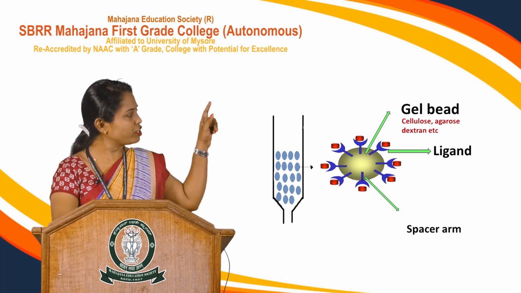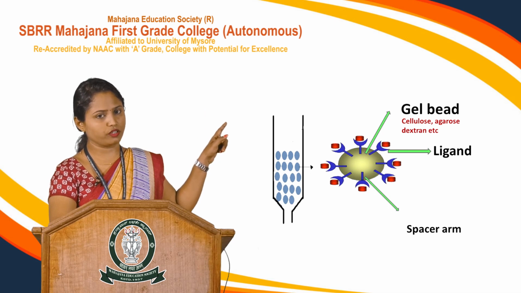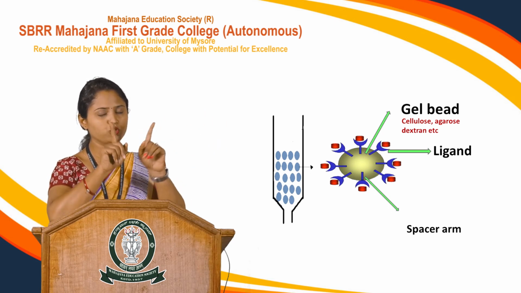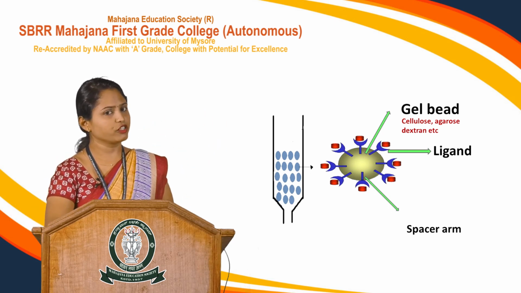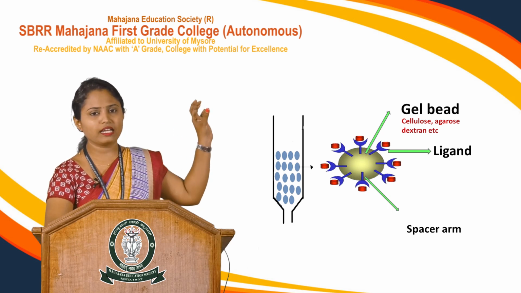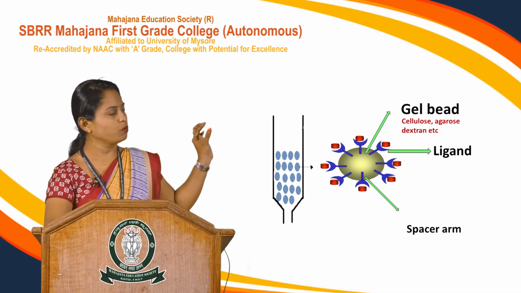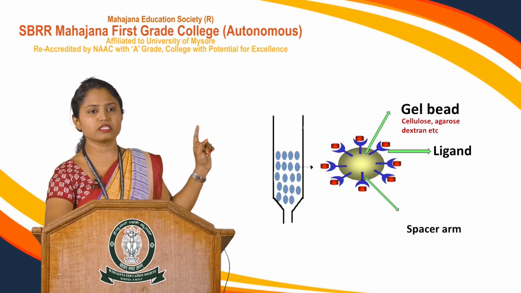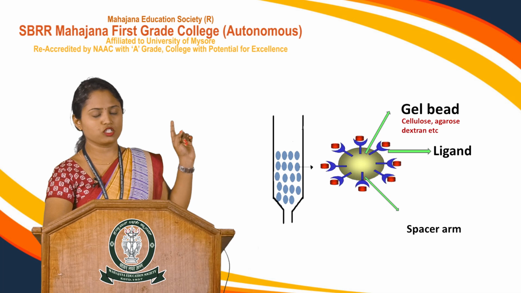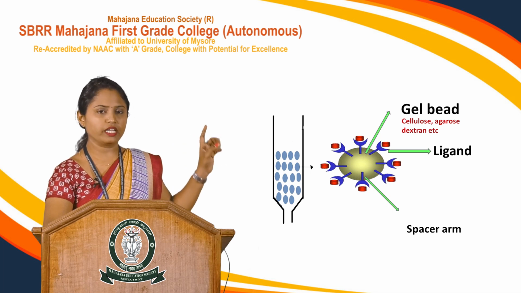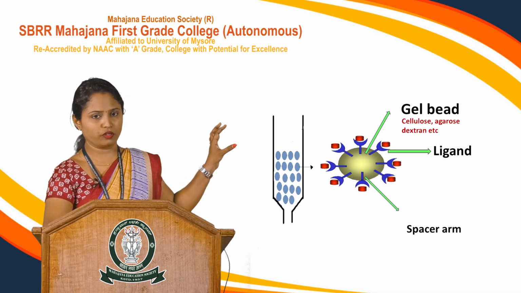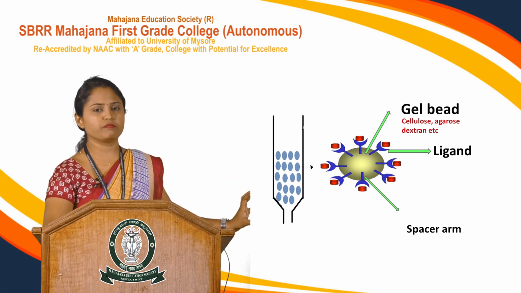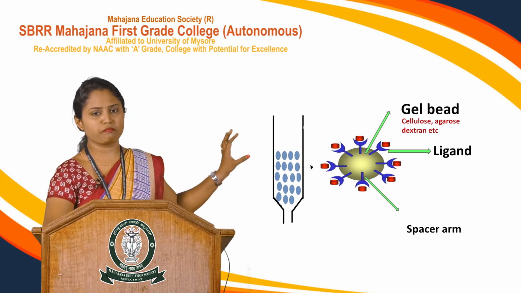Now, you can see the surface of this gel bead. It is surrounded by huge antenna-like structures, represented by blue color, and these antenna-like structures contain a crescent-shaped structure, and that crescent-shaped structure represents the ligands. I am showing an individual gel bead on the slide, but the entire column is arranged in the same manner.